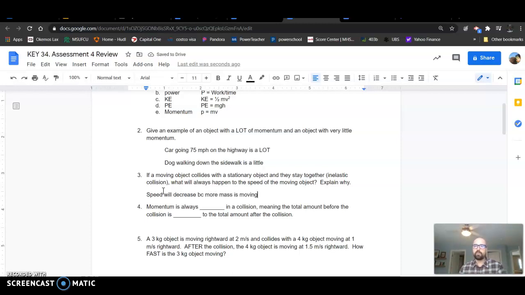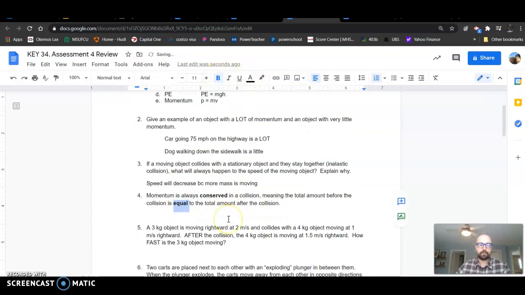And because momentum is conserved and there is now more mass moving together, the speed is going to go down. And so here, momentum is always conserved in a collision, meaning the total amount before the collision is equal to the total amount after the collision. So let's bold those so you know what the answer was.